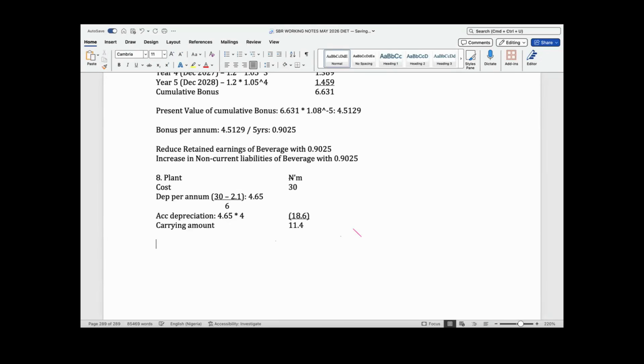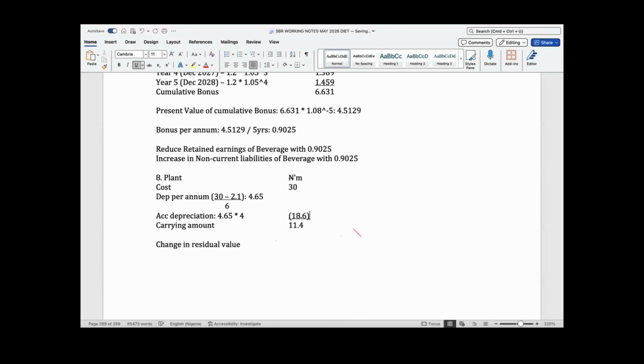So there was a change in residual value, from what to how much? What's the new residual value? 3.9 or something, 0.9. How much?